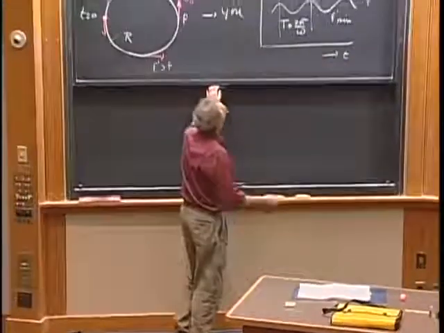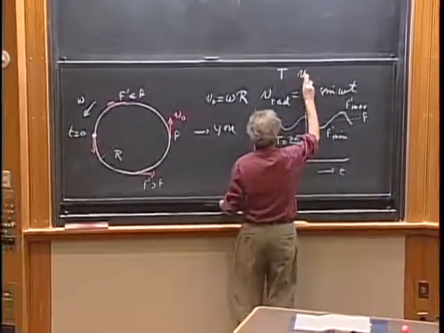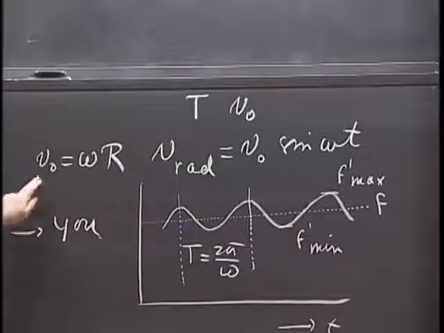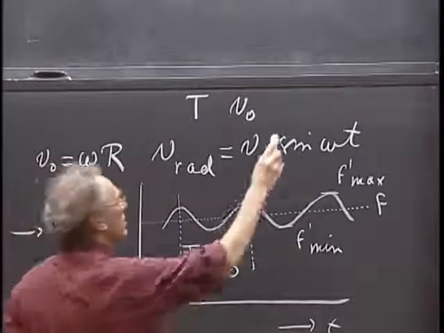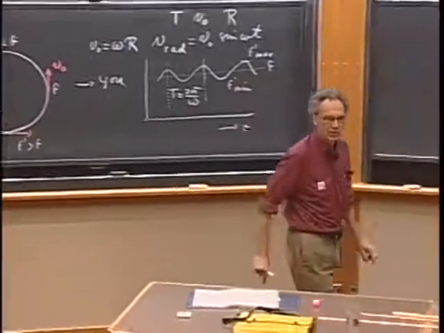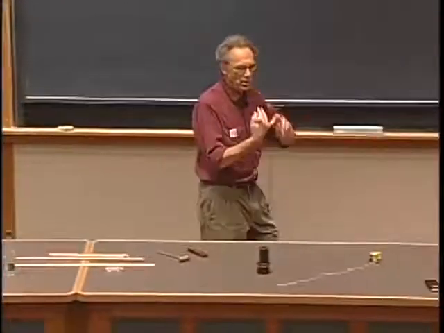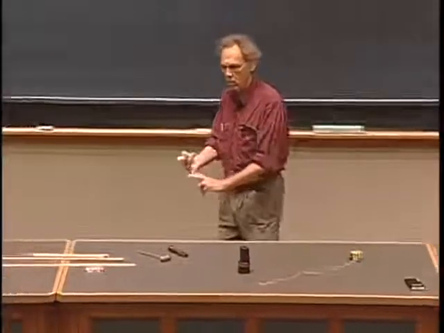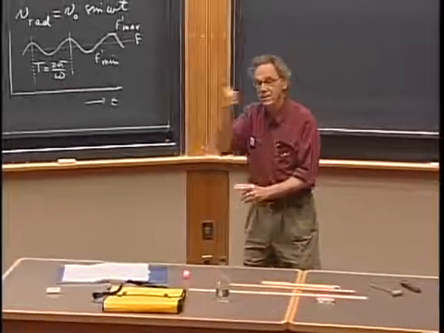And so you know also v0, but since v0 is omega r, you also know r. So just imagine, by recording that sound signal as a function of time, you can determine the period of rotation, this omega, the speed in circular orbit, and the radius even.